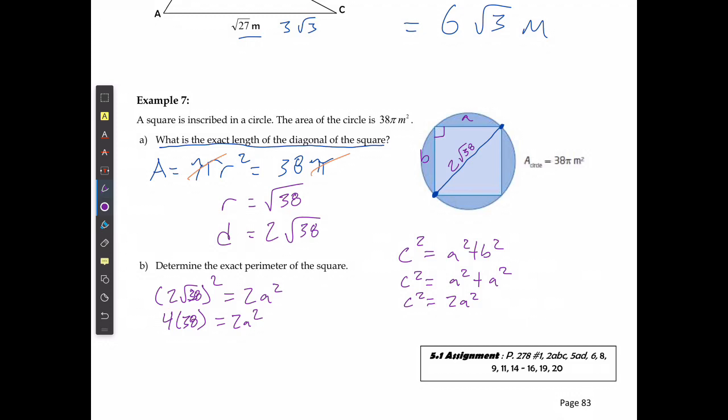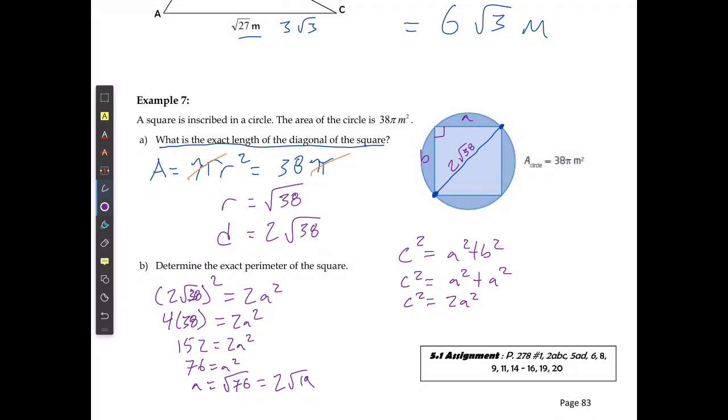And I can say that 4 times 38 is going to be 152 is equal to 2a squared. I divide that by 2. And I'm going to say that 76 is equal to a squared. And I'm going to say that a is equal to the square root of 76. Or 2 root 19, if I want the simplified version of that.